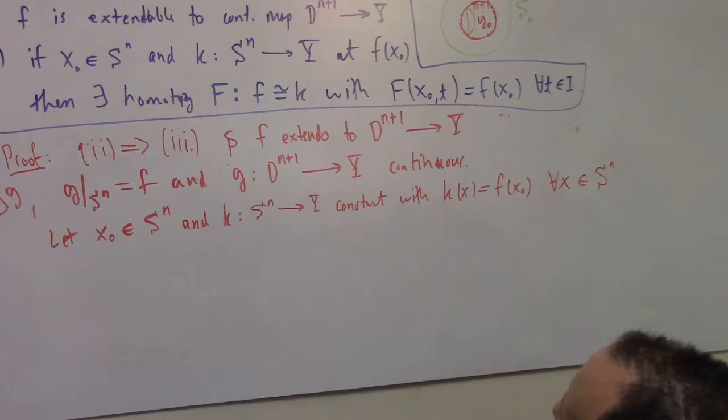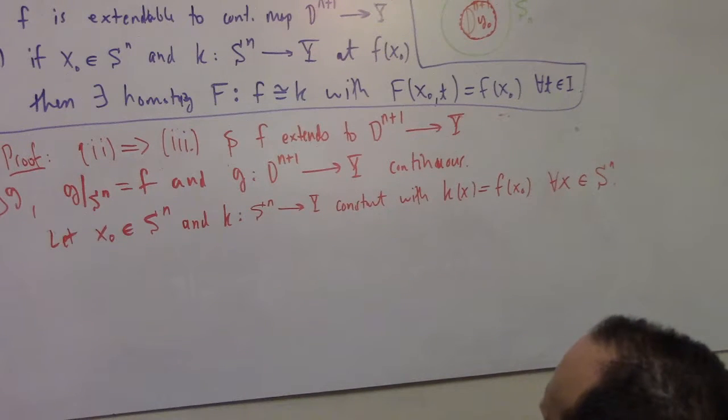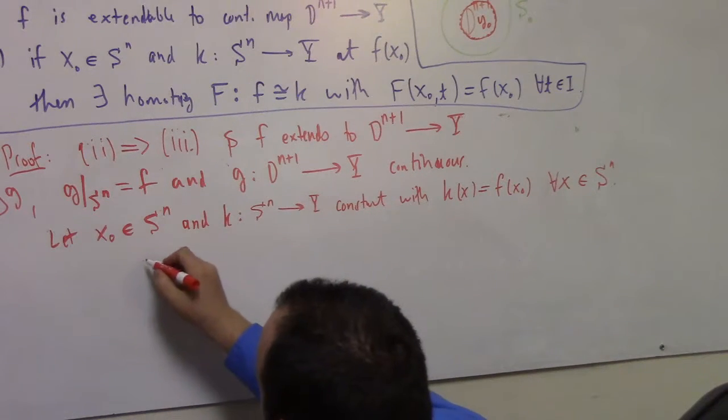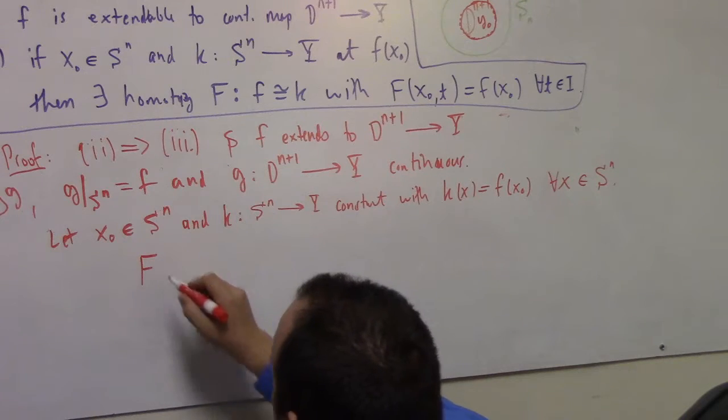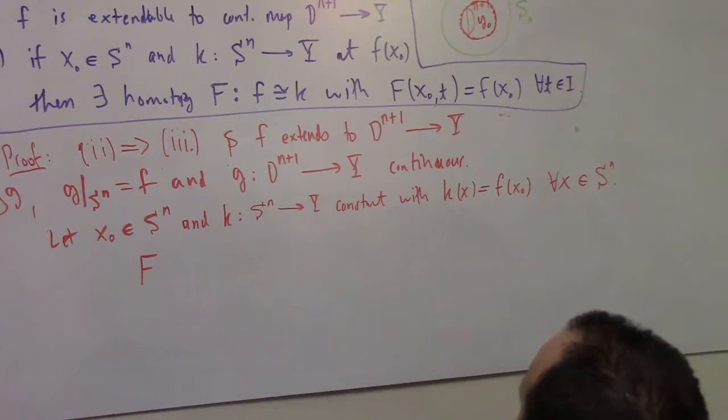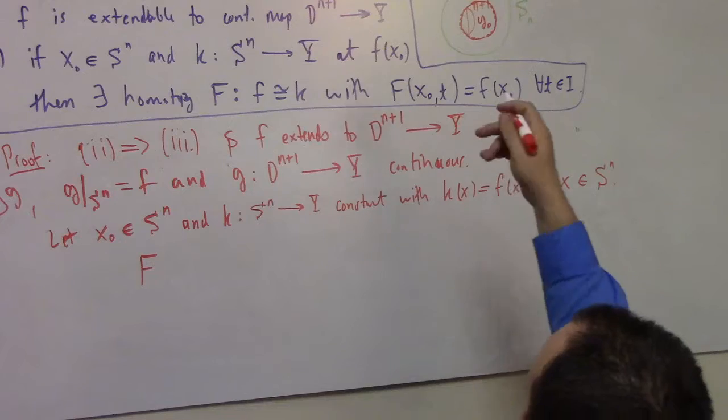All that remains then is to construct the homotopy. So we need to construct a homotopy that shows that f is homotopic to k, and also that the homotopy has this condition.